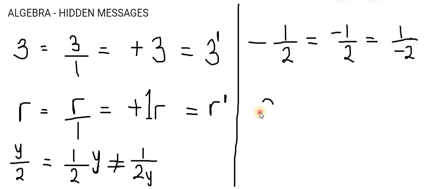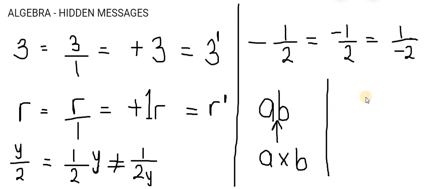And finally, we'll come to why this happens. But when you see two different letters right next to each other, like this, AB, it's assumed that you know that what joins them is a multiplication sign. So that's A times B. Okay?